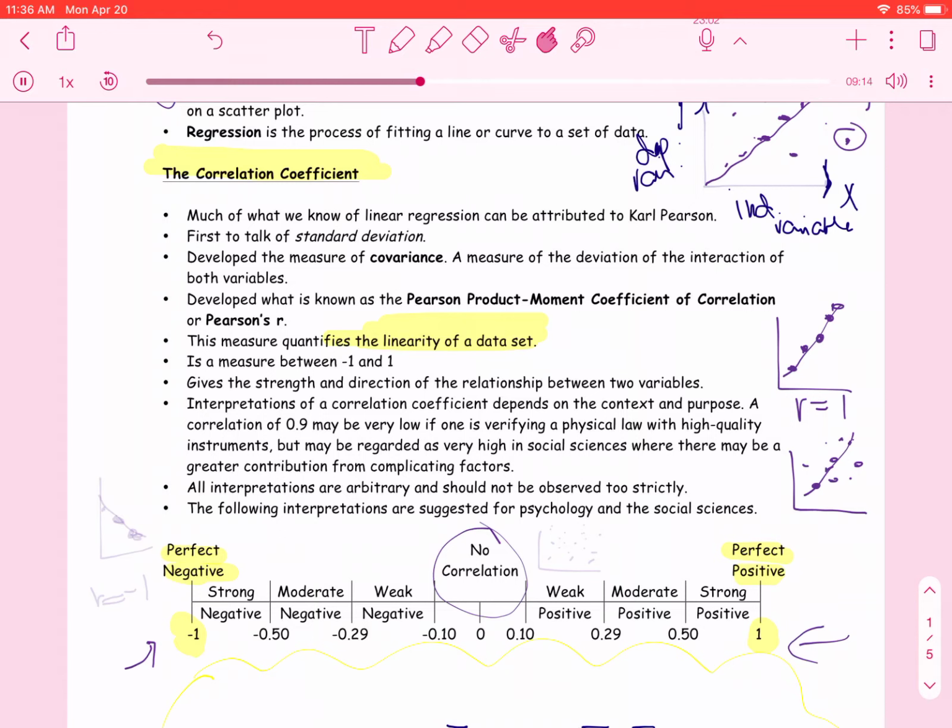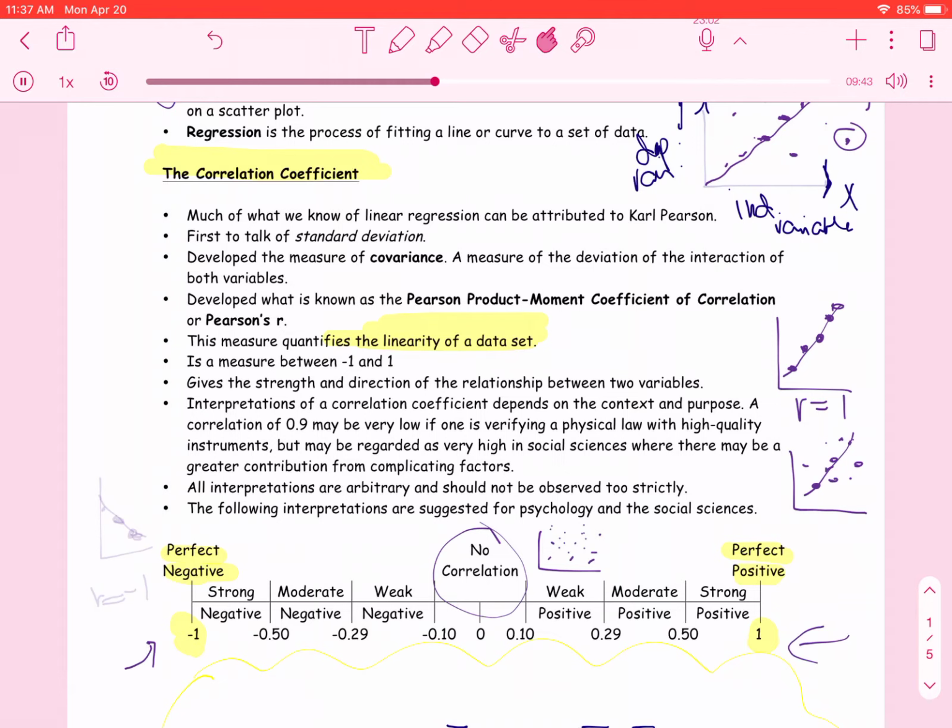Okay, so no correlation would be something like this. Okay, so I just have a bunch of data that's scattered across my x and y axes. I don't know if it's increasing, nor do I know if it's decreasing, right? So that actually would have no correlation, because I can't tell if the relationship between the variables is one that's going up or if it's one that's going down.